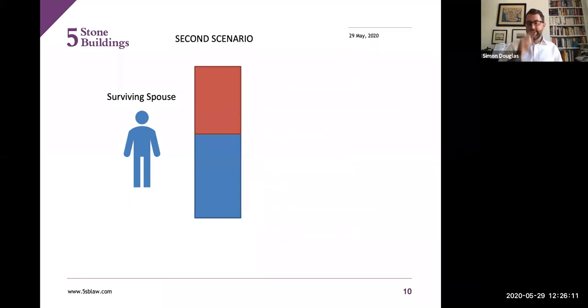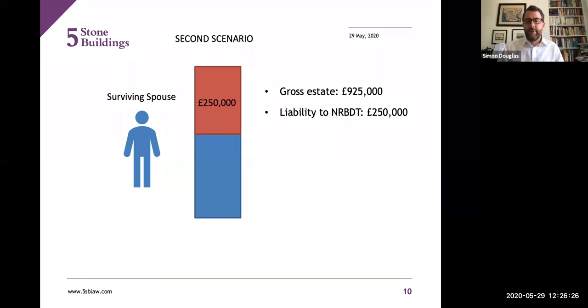Let's look at the second scenario, which is slightly more problematic. So in this scenario, let's say that the gross value of the surviving spouse's estate is £925,000. And let's say, again, there is a liability to the trustees of the discretionary trust of £250,000.